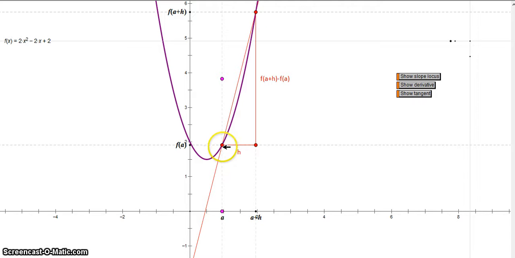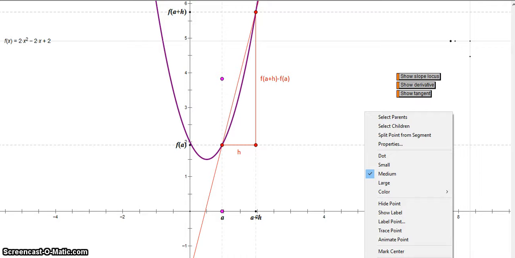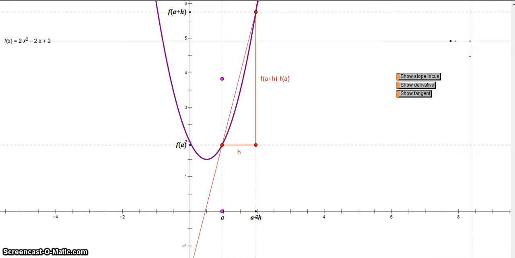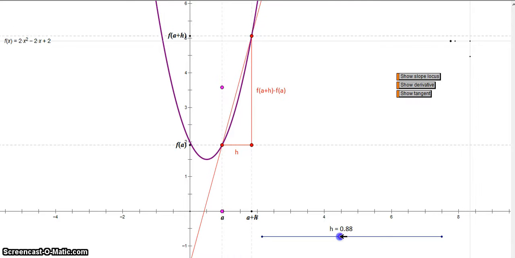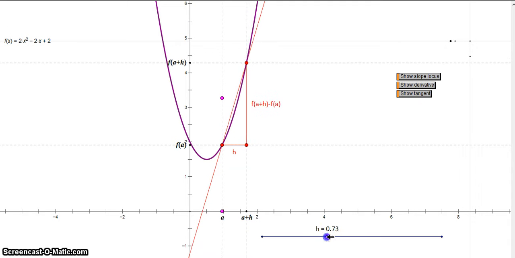Now you can tell that's a rate of change, but it's not at an instant. It's a here to here. It's an average rate of change. So what happens? To get to that instant, we're going to go ahead and take that h value and make it smaller.